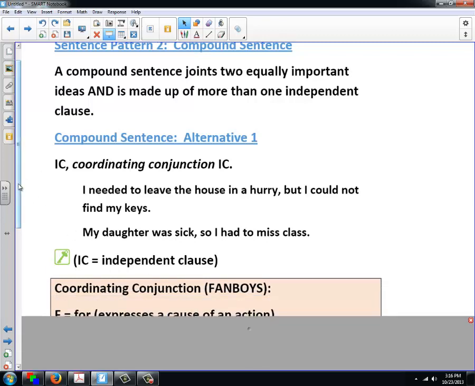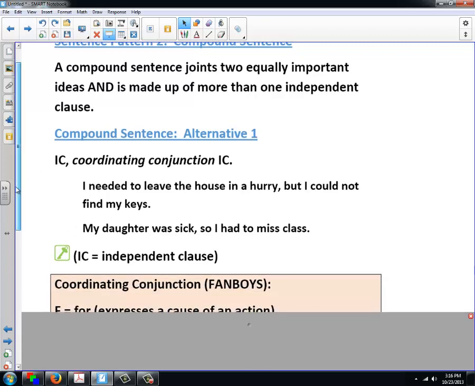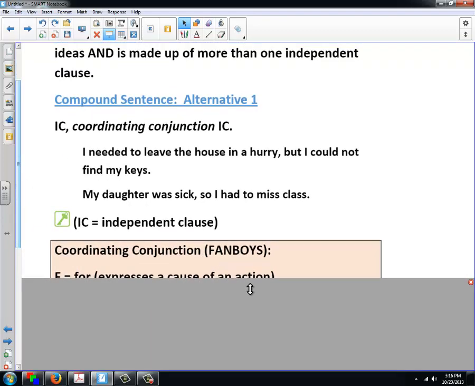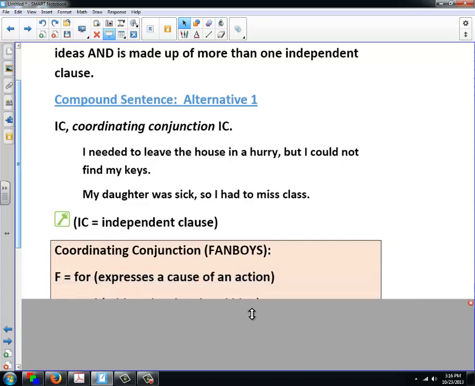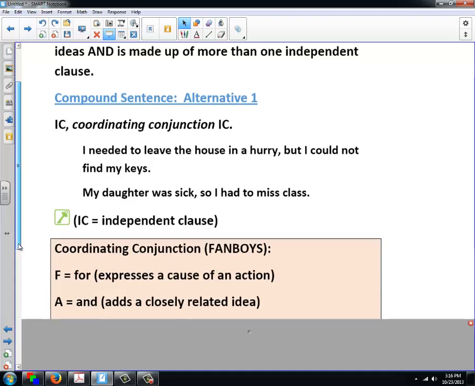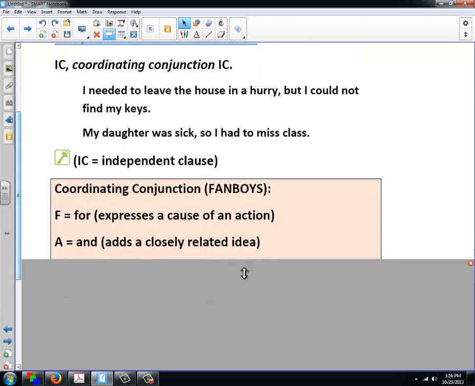Now, it's actually very easy to remember coordinating conjunctions if you think of an acronym, which just means initials where each letter stands for a term. And here we have FANBOYS. Remember FANBOYS, and you'll remember the coordinating conjunctions. Here's how this looks. F is for "for."